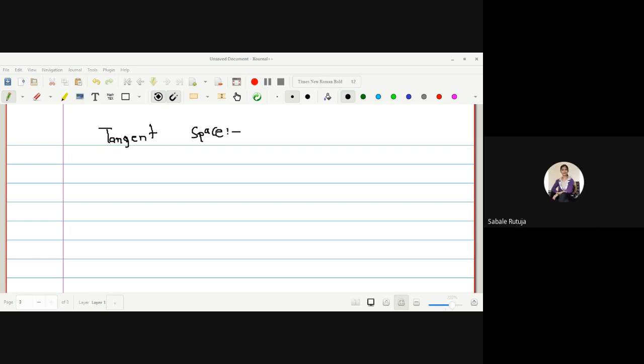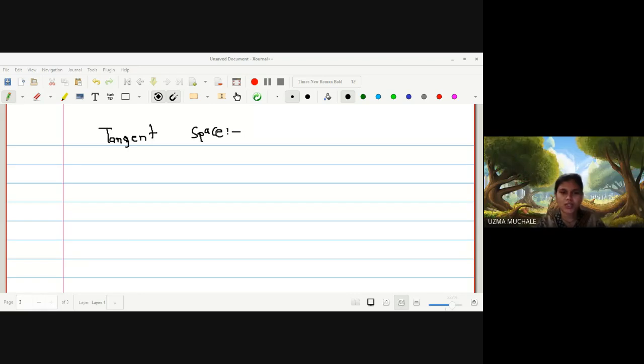Collection of tangent vectors, but it has some specific notation which we are using: TP of E3, which means that the tangent space is related to only one point.